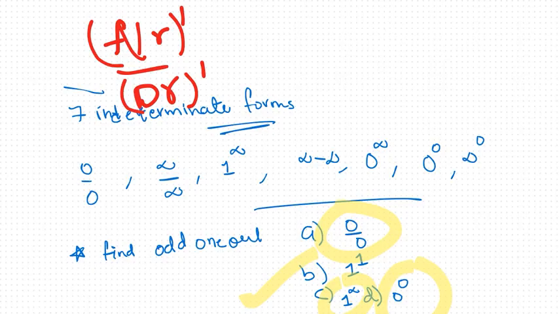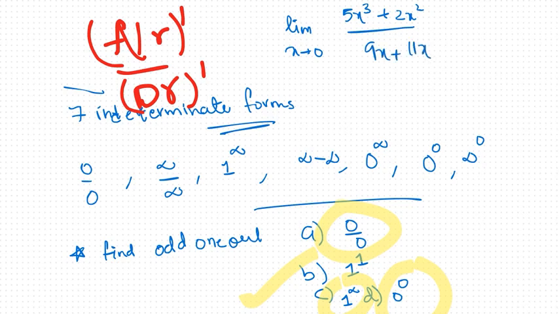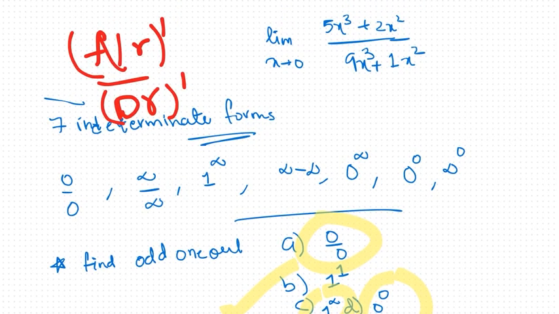And one more thing. Let's say the question gives limit x tends to 0 of (5x cube plus 2x square) upon (9x plus 11x square).